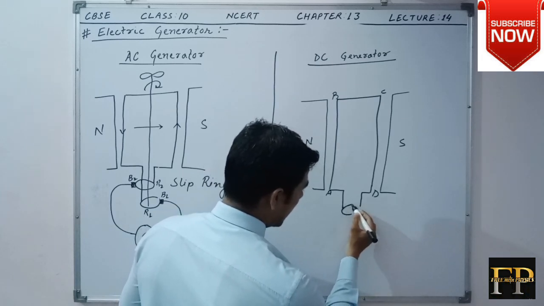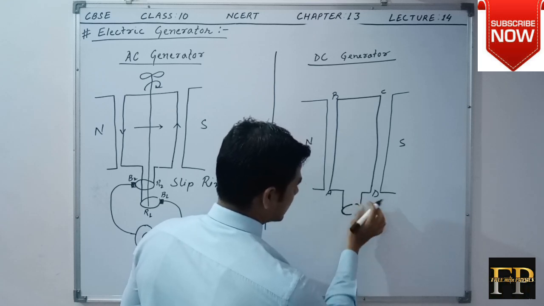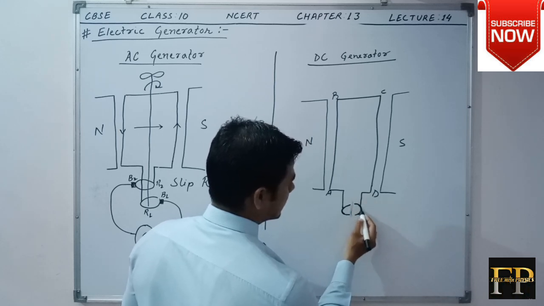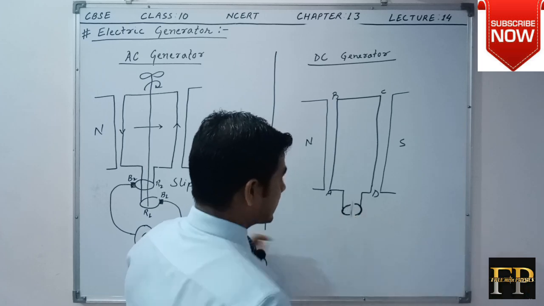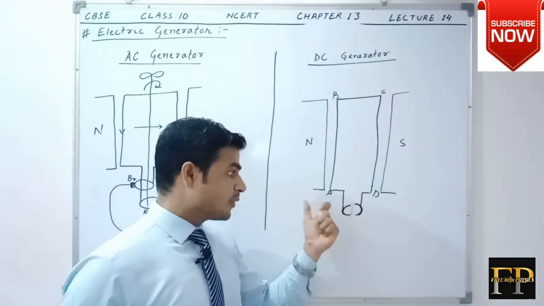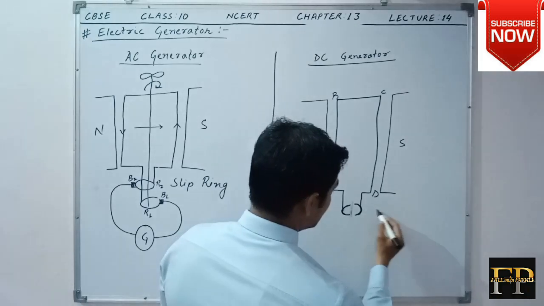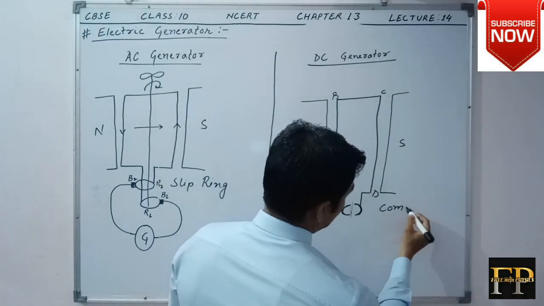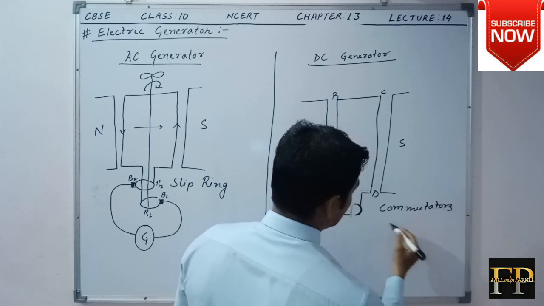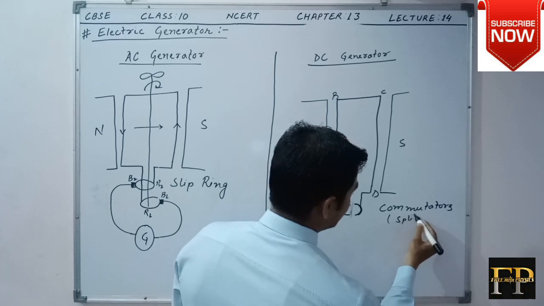It means two half rings like this. These two half rings are called commutators, or we also call it a split ring.